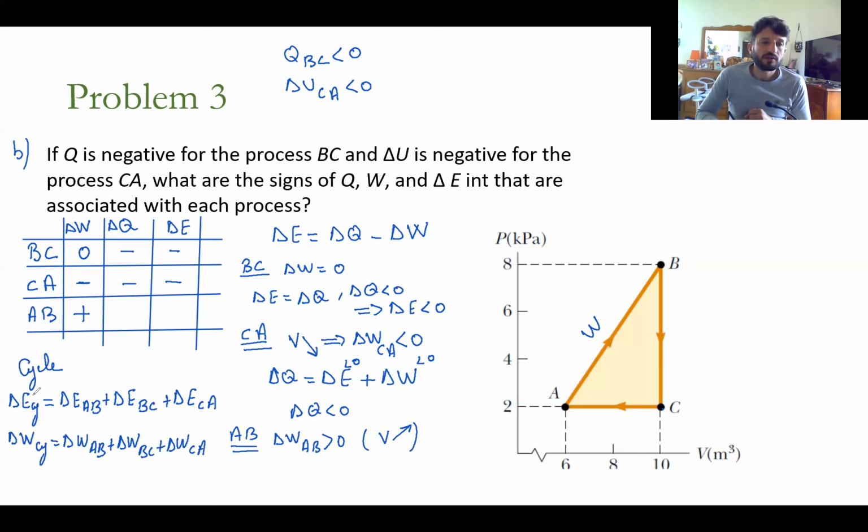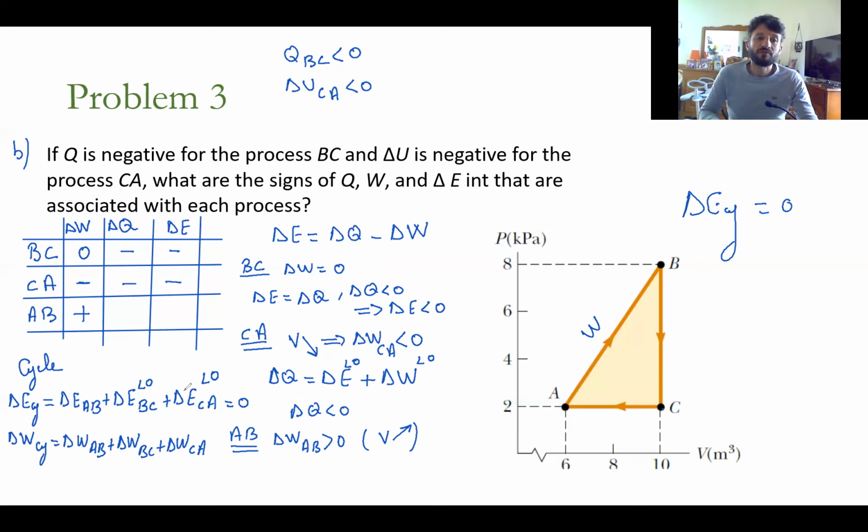First one, delta E total equals delta E BC is negative, CA is negative. In order to have delta E of the cycle equal to 0, you know delta E of any cycle equals 0.